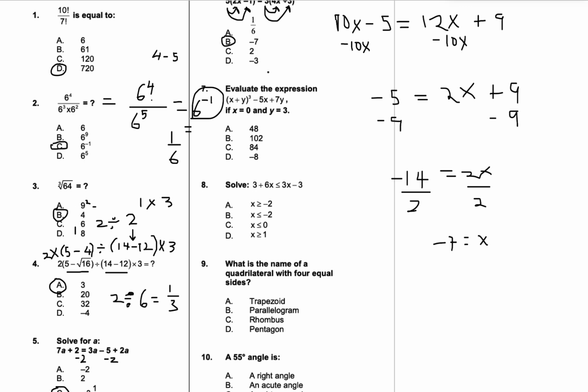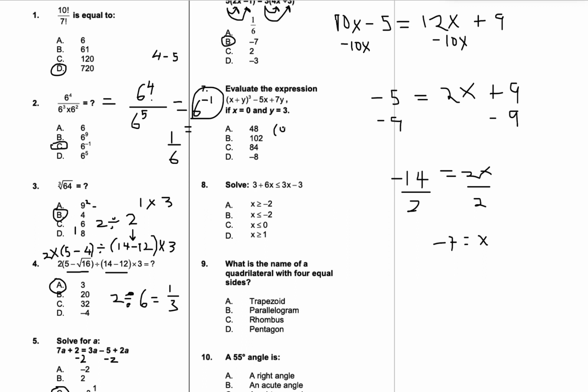And then for this one, it says evaluate the expression, and we're given x plus y cubed minus 5x plus 7y. They give us the values of x and y, right? So x is equal to 0 and y is equal to 3. So we could just plug this in here and should be able to solve for this one pretty straightforwardly.